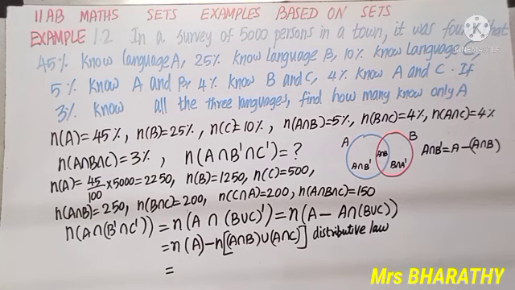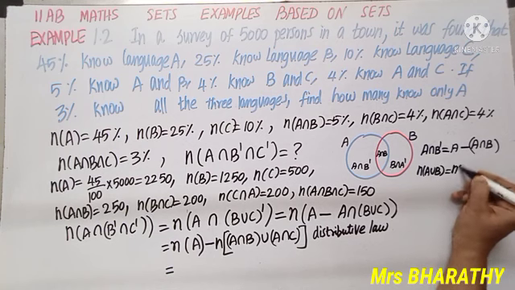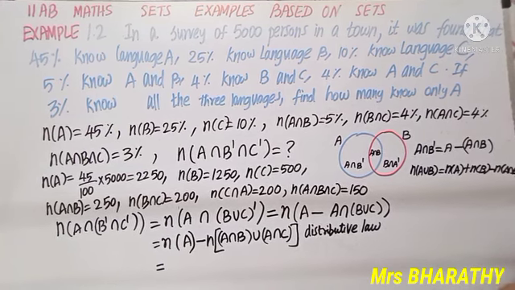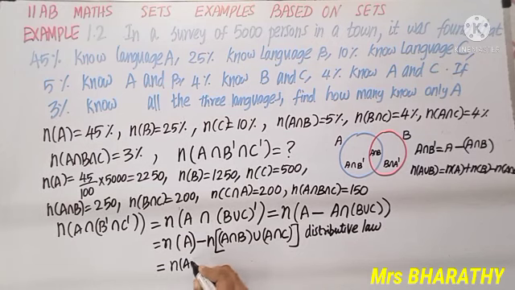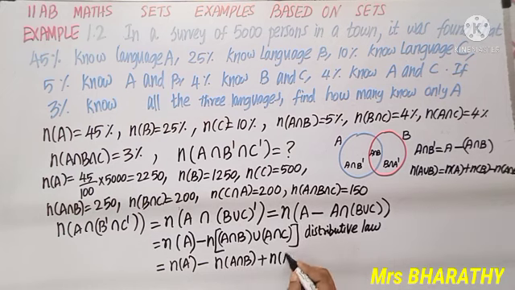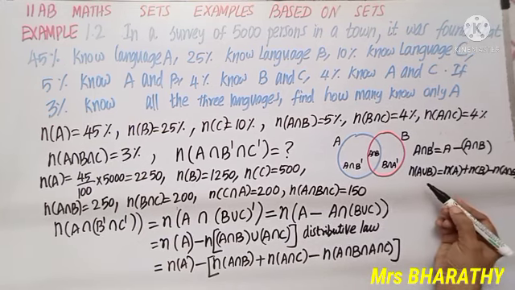The next step, how to write the union. So what is the formula? N of A union B is N of A plus N of B minus N of A intersection B. So using the formula here, first set write as it is. This is N of A intersection B plus N of A intersection C minus N of A intersection B intersection A intersection C. I am just using the addition theorem.